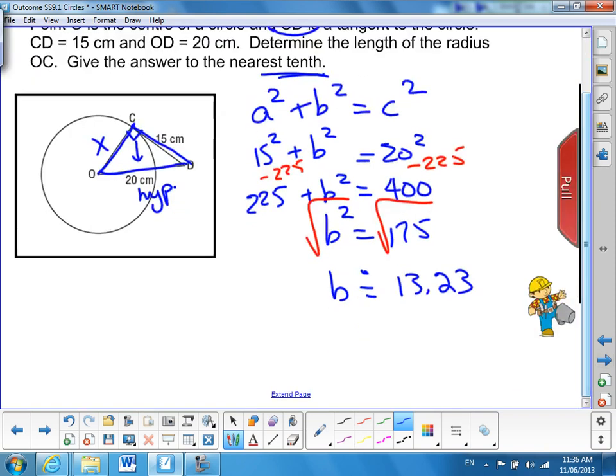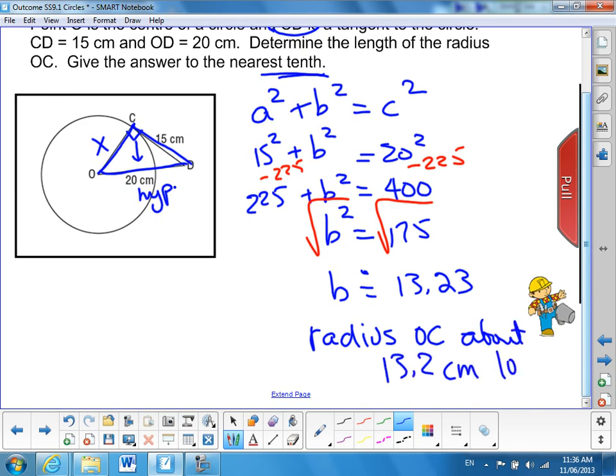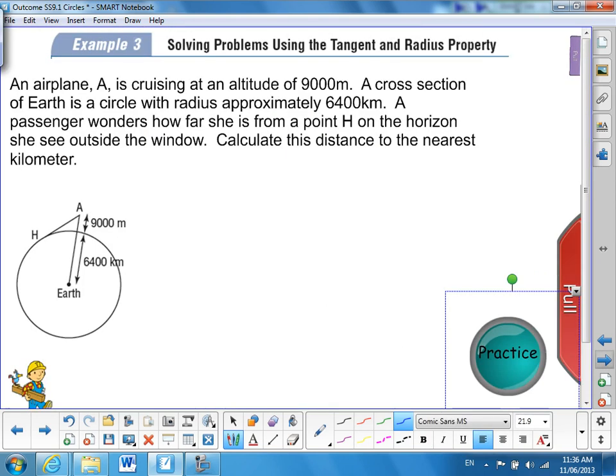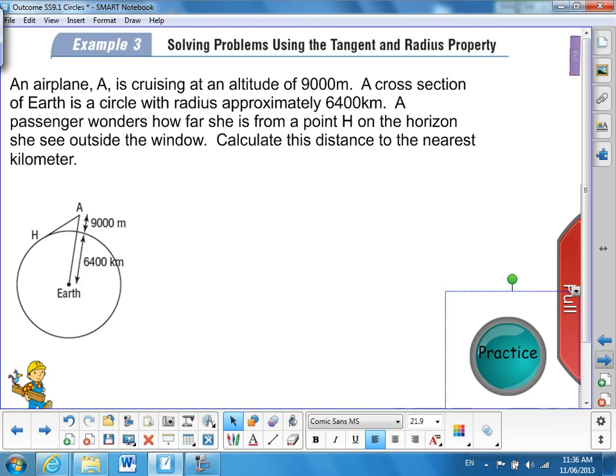Now it's asked us to leave it to the nearest tenth, so the radius OC is about 13.2 centimeters long. Remember, we have to have a right triangle in order to use Pythagoras' theorem. All right, so we're going to use this rule with a word problem.